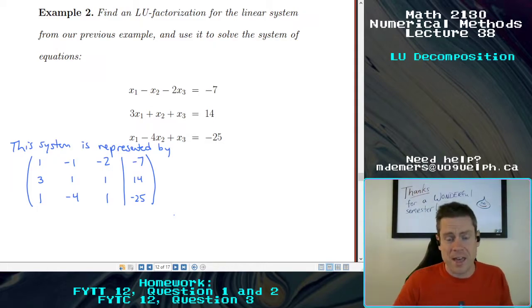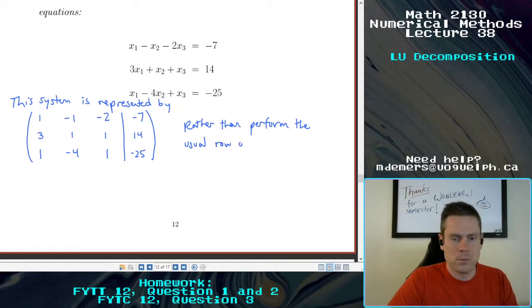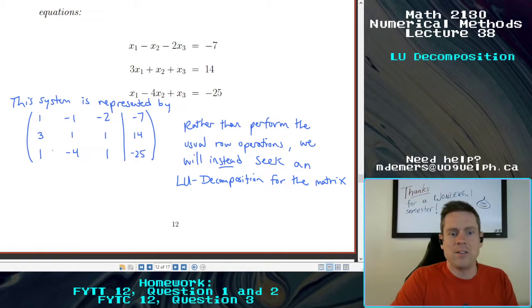Okay, so rather than that, we're going to do something different. Rather than perform the usual row operations, we will instead seek an LU decomposition for the matrix, and it's not going to be the whole thing.